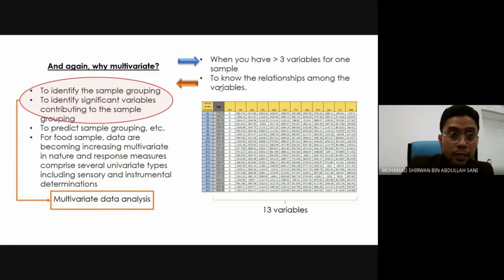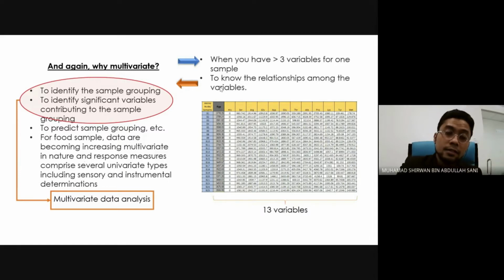If you read publications related to food studies dealing with multivariate data analysis, most of them don't really talk about the prerequisite requirements. They don't talk about how they conduct the PCA, why they choose the significant variables, and whether they have complemented the PCA analysis with cluster analysis.